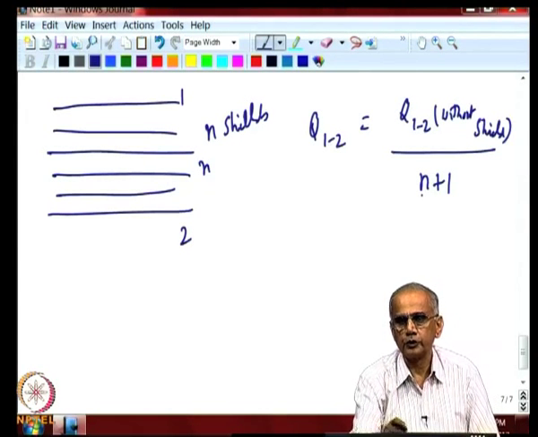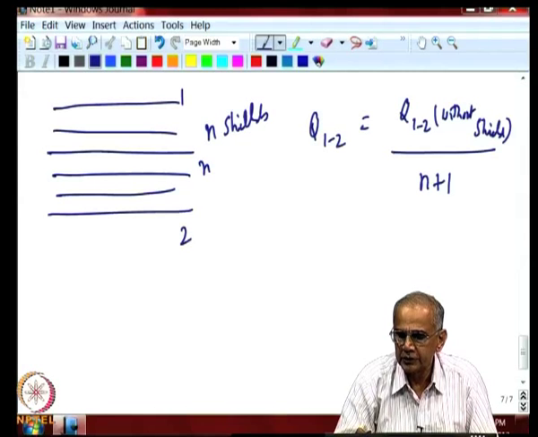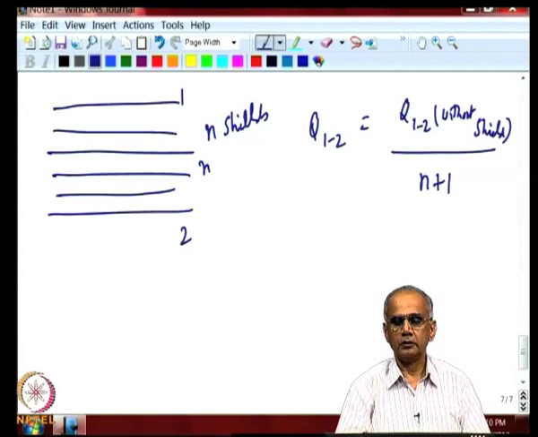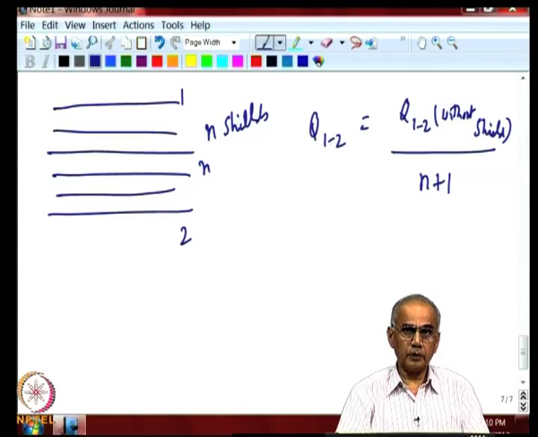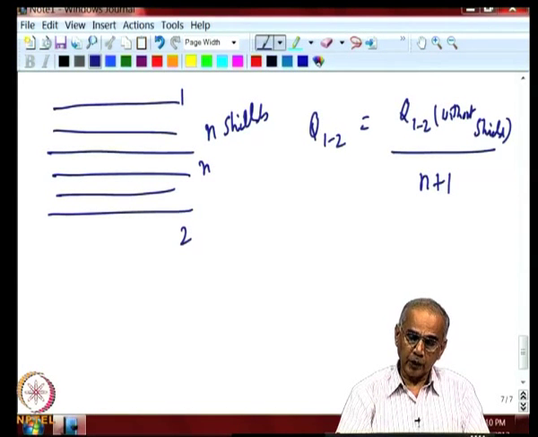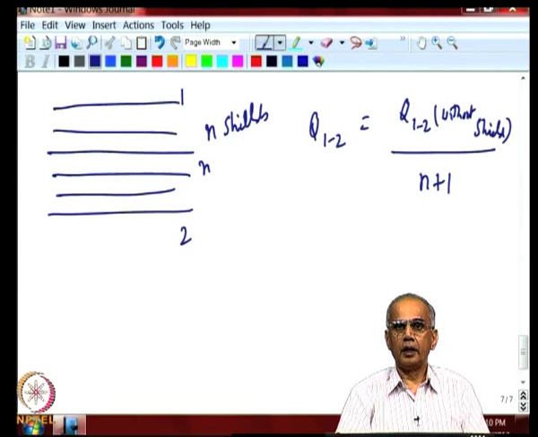With 0 shields, of course, you get back the old result. With one shield you get 2, which is what we saw. With 2 shields, 3. So, it is quite clear that you can bring down the radiation heat transfer between two surfaces by quite a large margin by having a large number of shields.